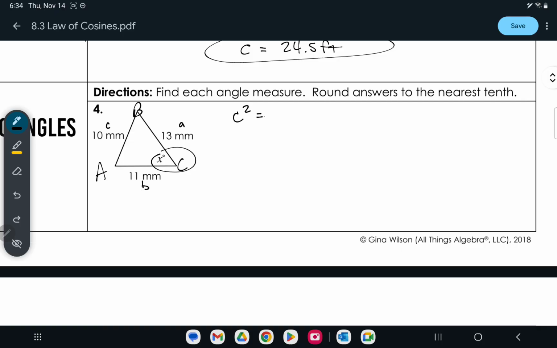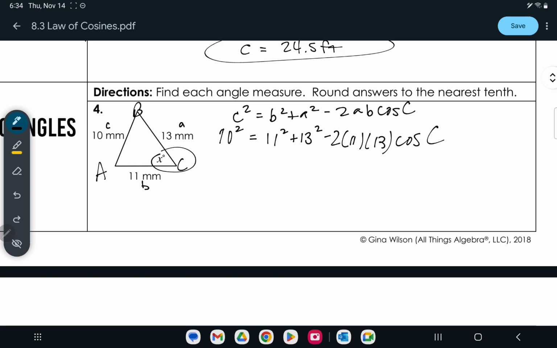So c squared equals b squared plus a squared minus 2ab, or ba, doesn't really matter, cosine of c. So c is actually 10, so 10 squared equals 11 squared plus 13 squared minus 2 times 11 times 13, cosine of c.